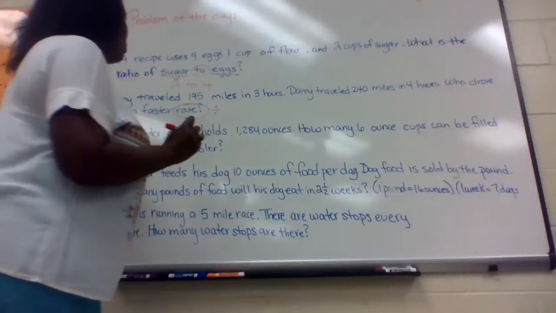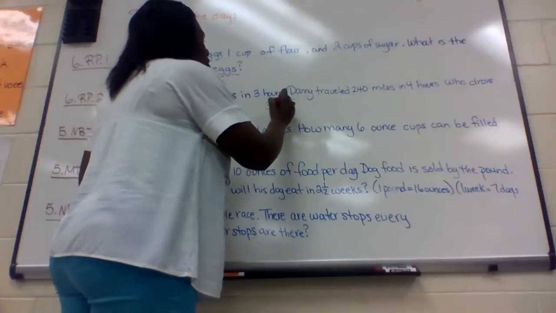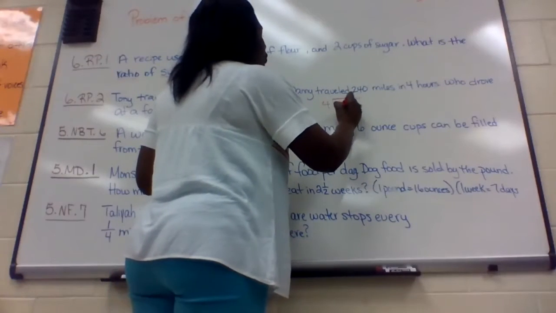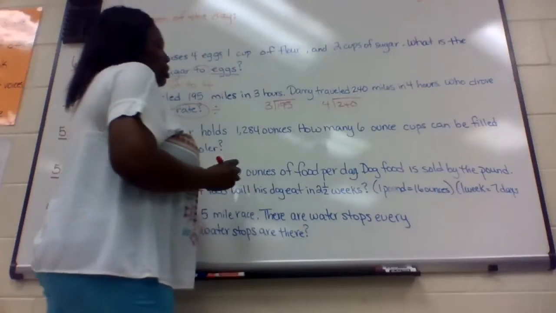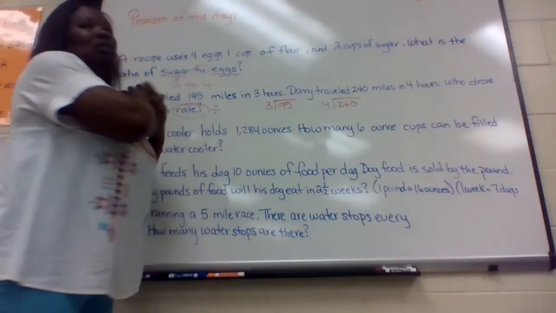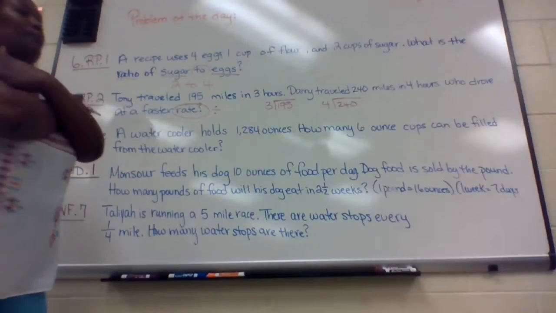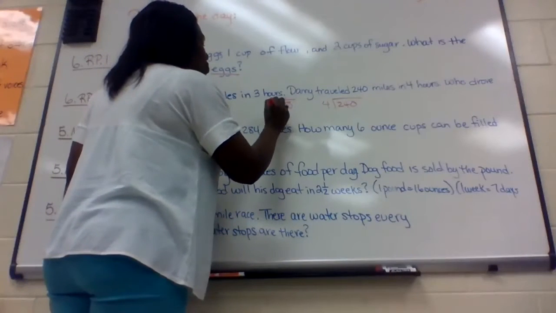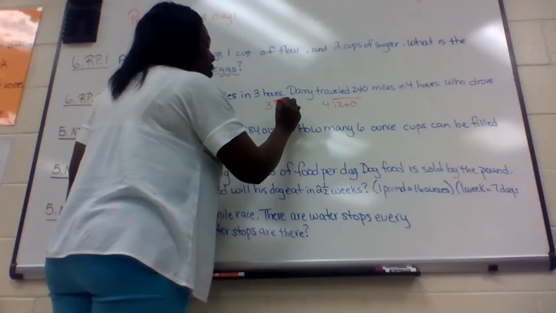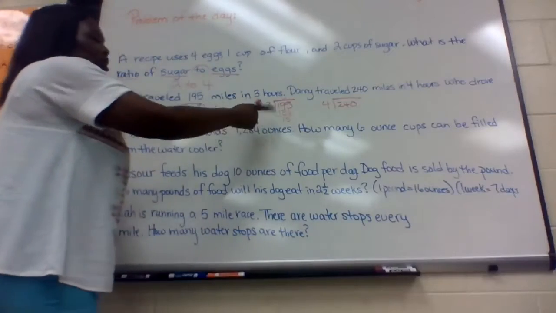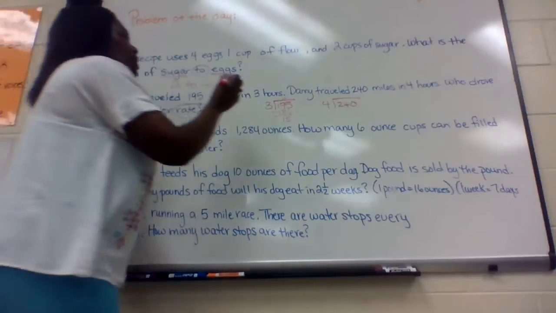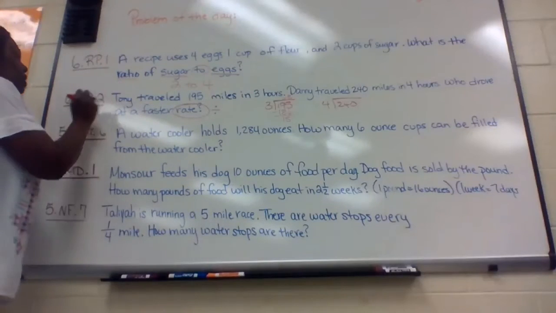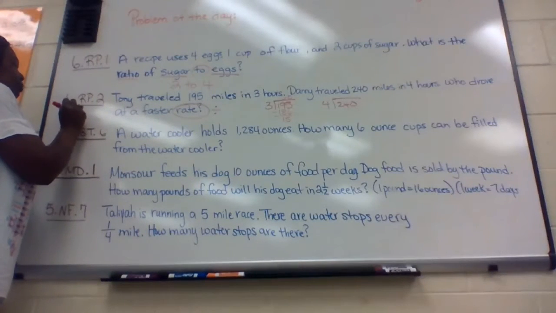All right, so we're going to divide 3 into 195, and we're going to divide 4 into 240. 3 goes into 19 how many times? 6. Subtract 18. And bring down your 5. 3 goes into 15 5 times. All right. So Tony traveled 65 miles per hour.